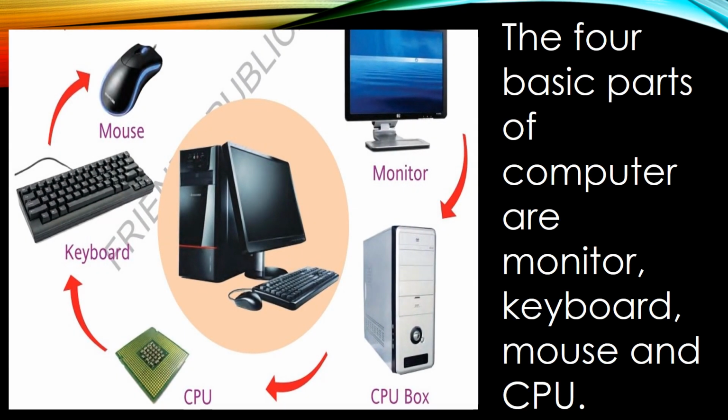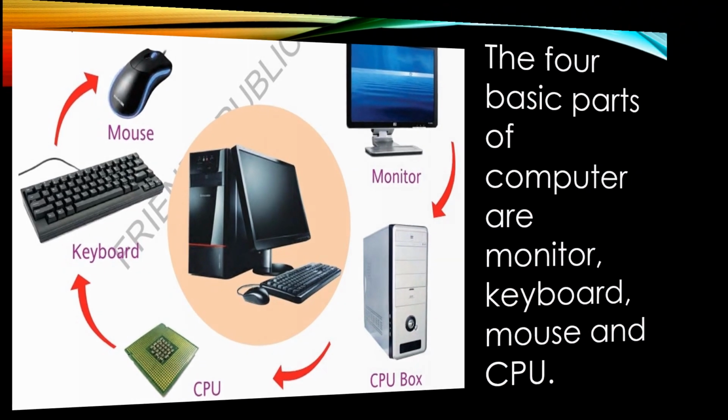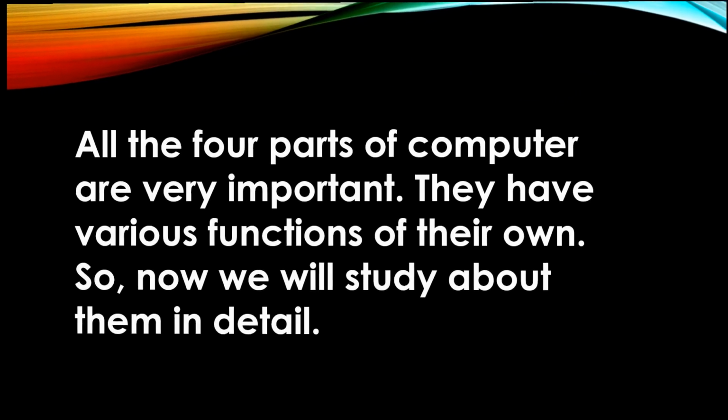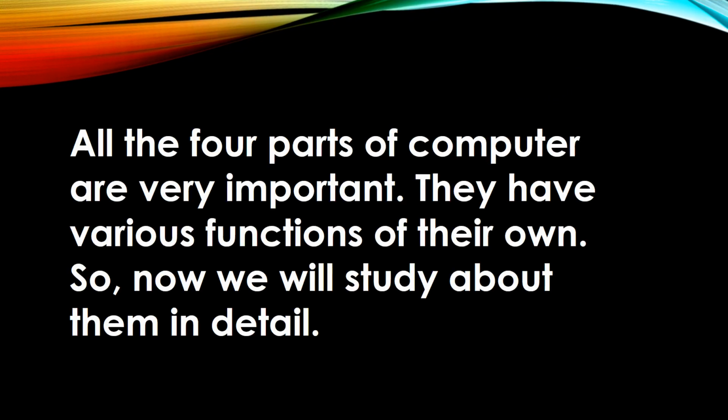The 4 basic parts of a computer are monitor, keyboard, mouse and CPU. So students, a computer has 4 basic parts and they are monitor, keyboard, mouse and CPU. All the 4 parts of a computer are very important.